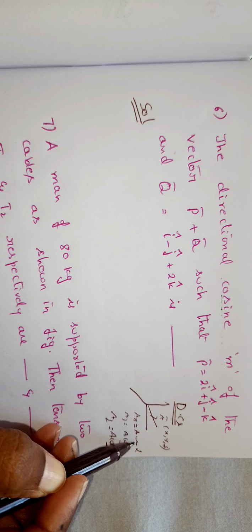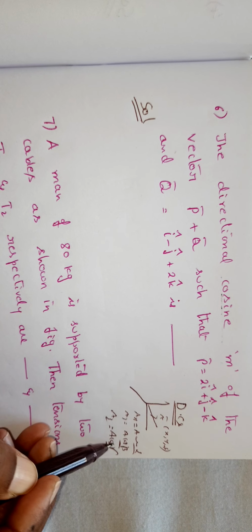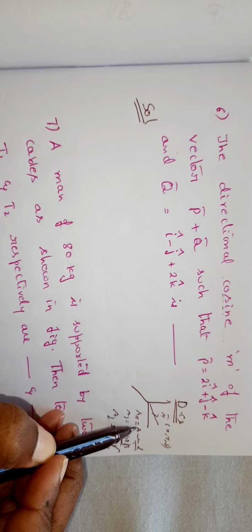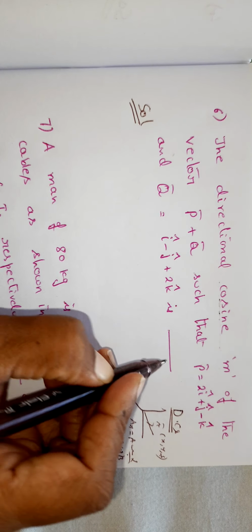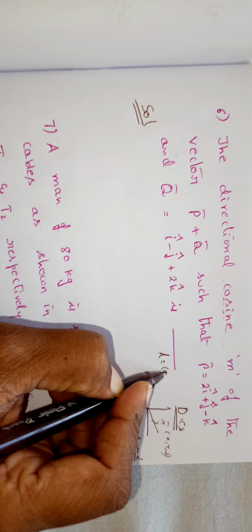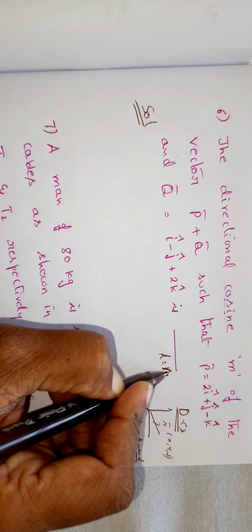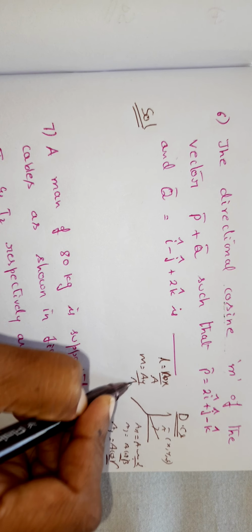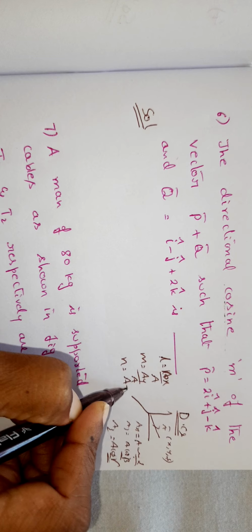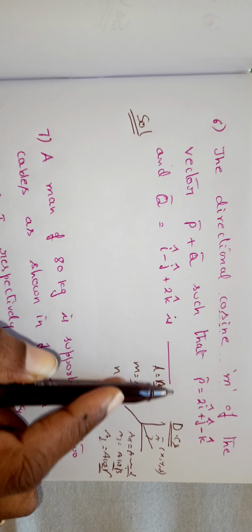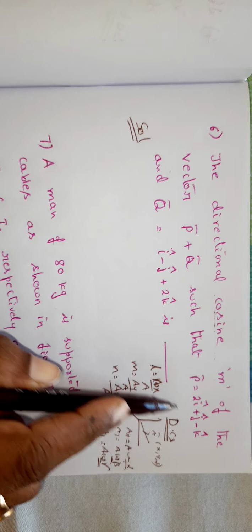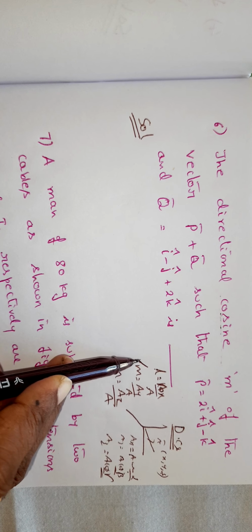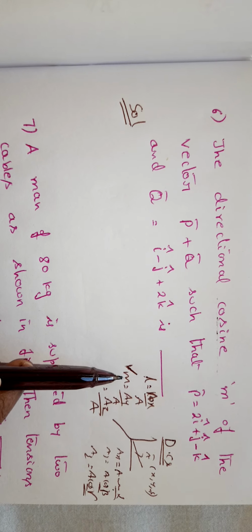So cos alpha, cos beta, cos gamma are the direction cosines, where cos alpha is ax by a, which we call L. So L is equal to ax by a, m is equal to ay by a, n is equal to az by a. This one we have already discussed. Now here he is asking us to find out m.